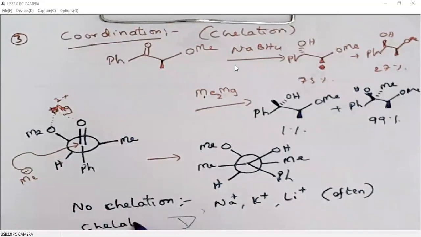But when do we expect chelation? As I said, with lithium sometimes we observe it, but it depends.